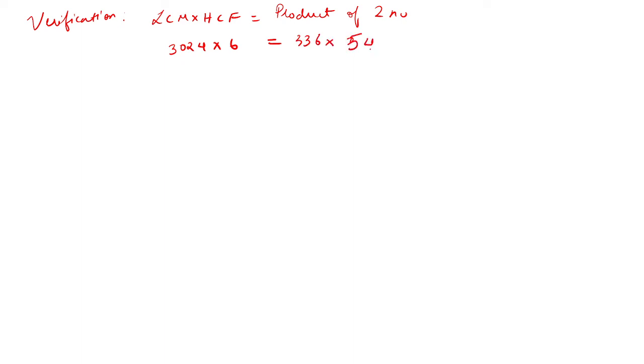So 3024 into 6 is 18,144, and the product of 336 into 54 is again 18,144. Okay, so this is how we do the verification. So we shall end the video here.